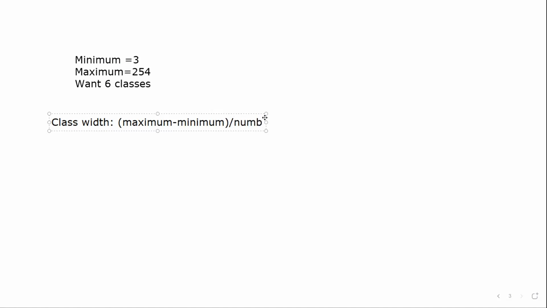So this is 254 minus 3, which is 251. We're going to divide that by 6. So go ahead and take 254 minus 3, divide that by 6. Tell me what you get when you do that.